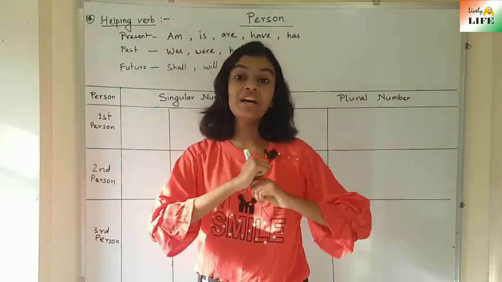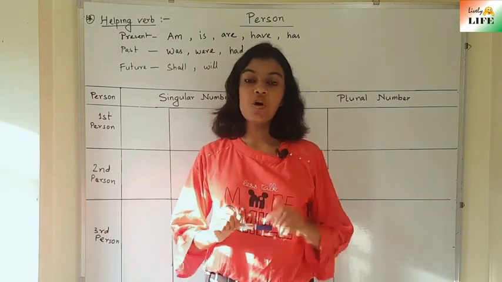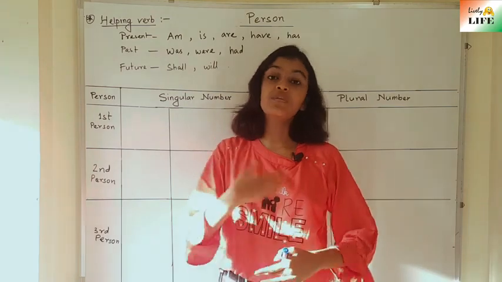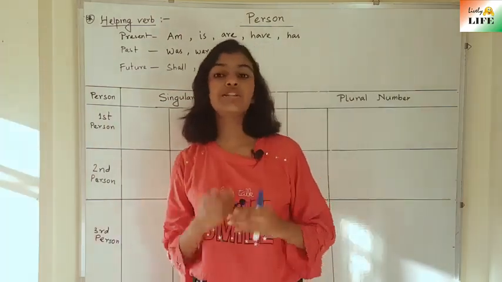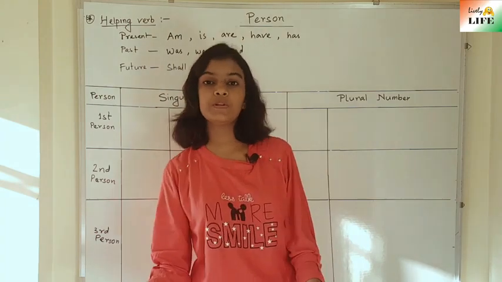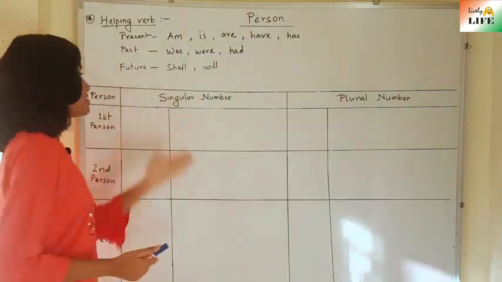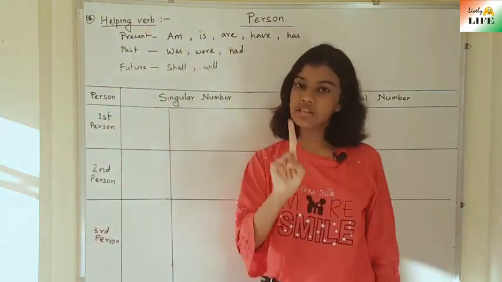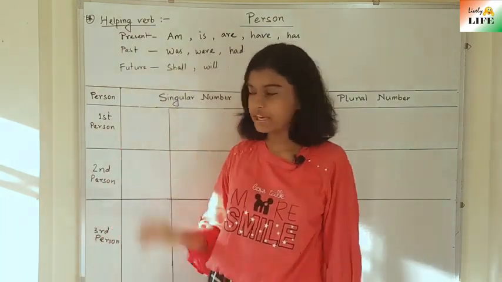We also is a first person, because what is basically we? Me and someone with me. Not only one person, it can be two people as well. So me along with two people. So that is we. Now here comes singular number and plural number. Singular number means one, plural number means more than one, right?